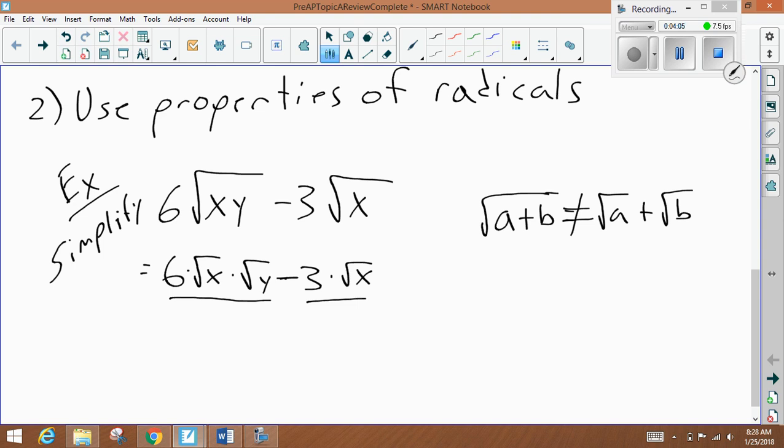So I'm going to factor out the square root of 3 and the square root of x, okay? I'm going to factor that out. So 6 divided by 3 gives me the 2. The root x is gone, so I have the 2 square root y minus 1, right? If I divide negative 3 root x by positive 3 root x, it gives me a negative 1.